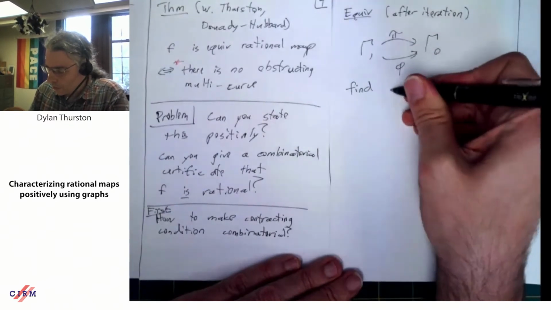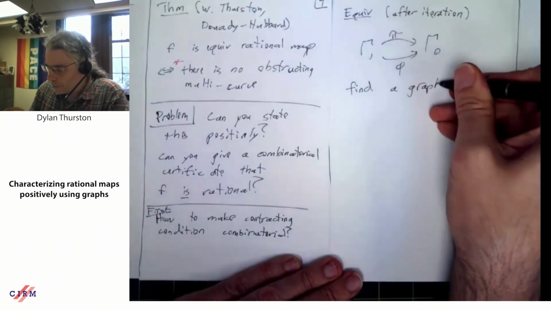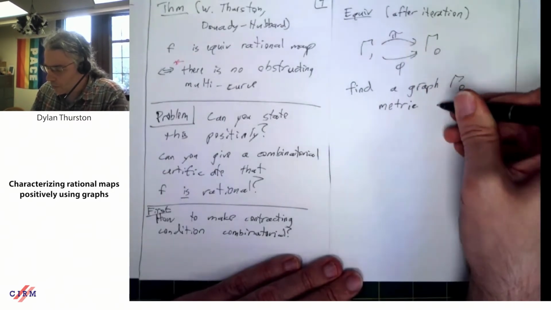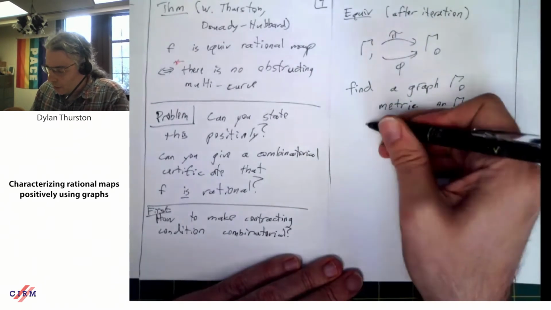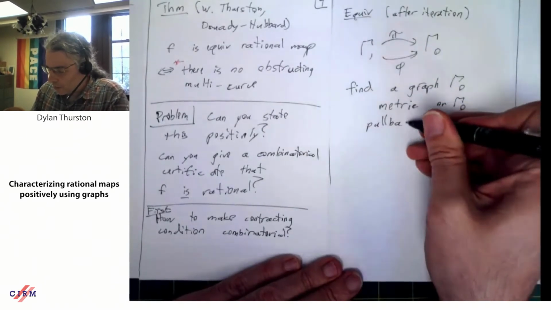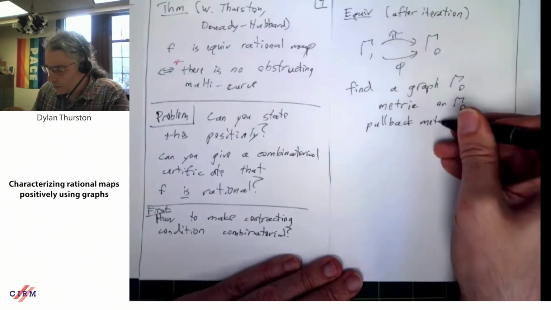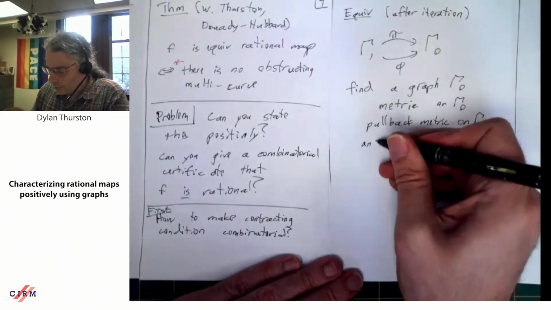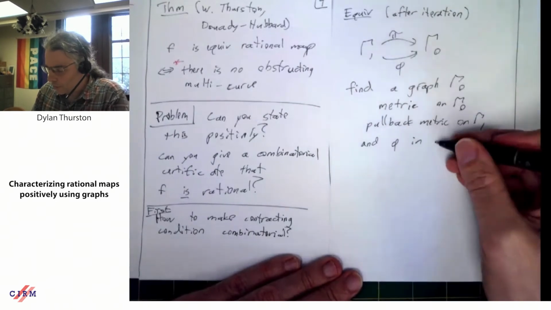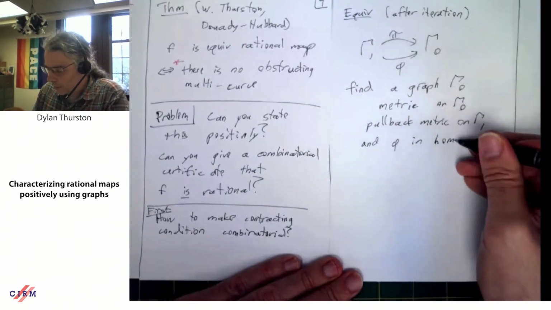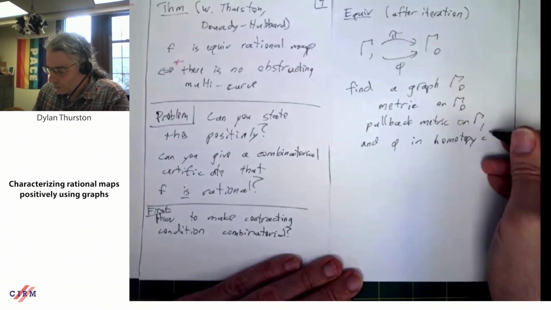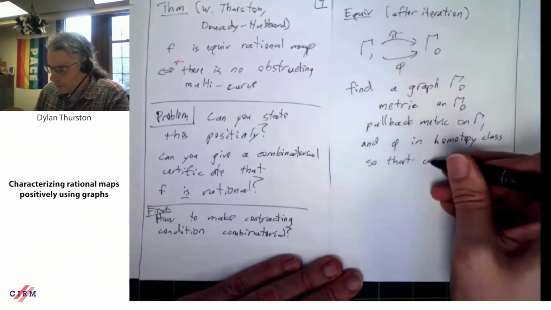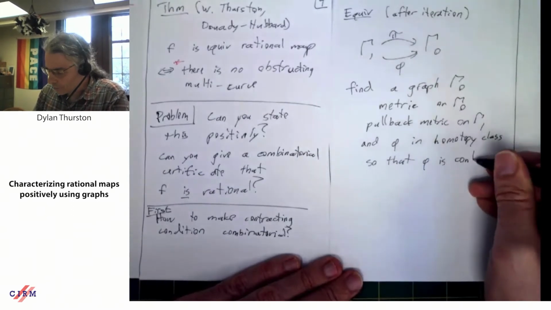To find a graph gamma 0 and a metric on gamma 0, its pullback metric on gamma 1, and P in the homotopy class, so that P is contracting.